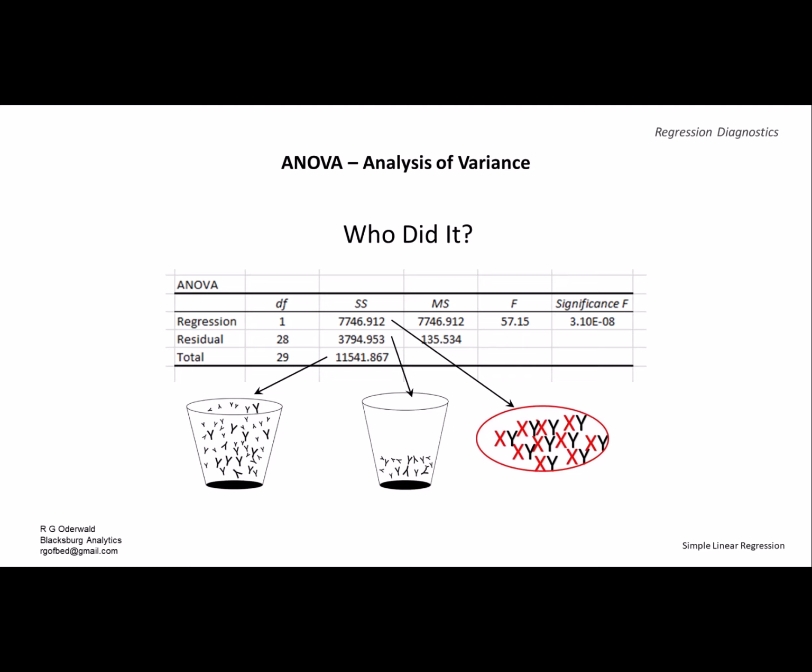Going back to the bucket, the total sum of squares is everything in the bucket before we put in the sponge. The regression sum of squares is how much came out in the sponge. The residual sum of squares represents how much remains in the bucket.